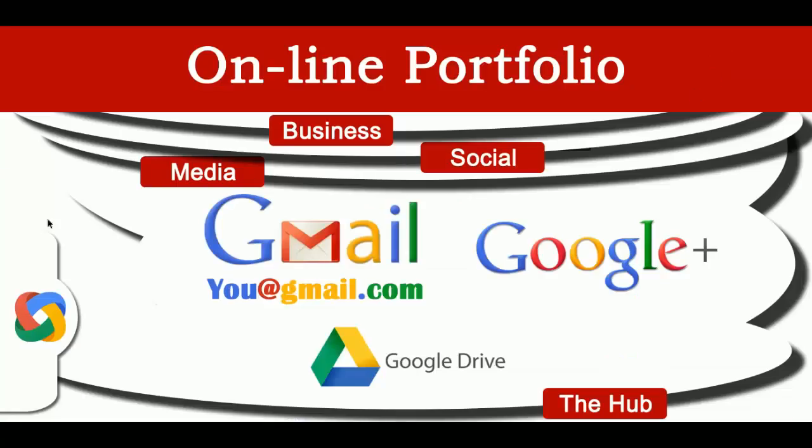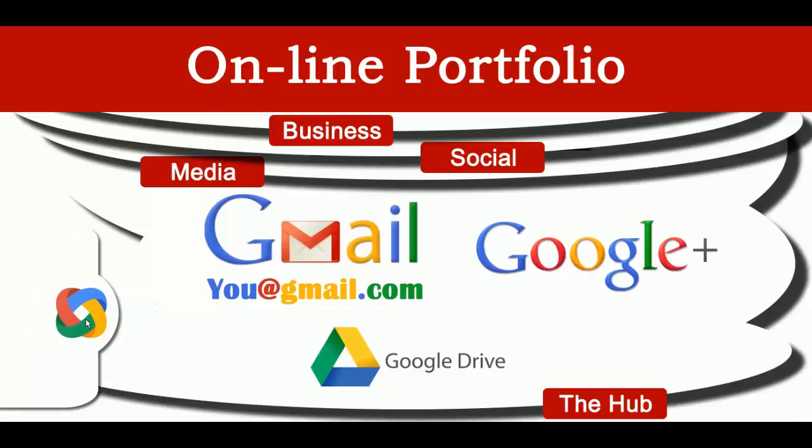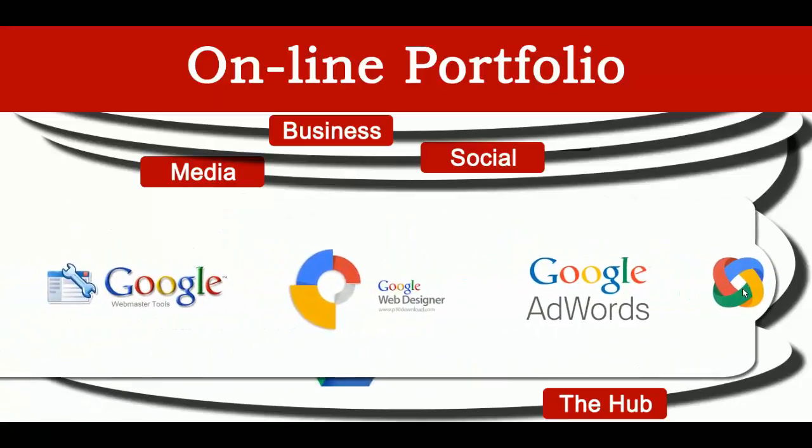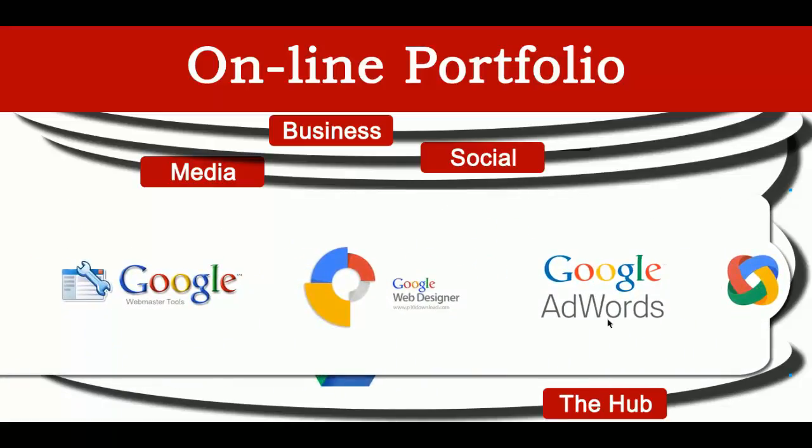Now I'm going to talk about other Google tools that we're going to be setting up and using in the future, and now we have the ability to do that because our Gmail account and our login and password gives us the ability to open up and control other Gmail accounts that do all sorts of different things. For example, Google AdWords.